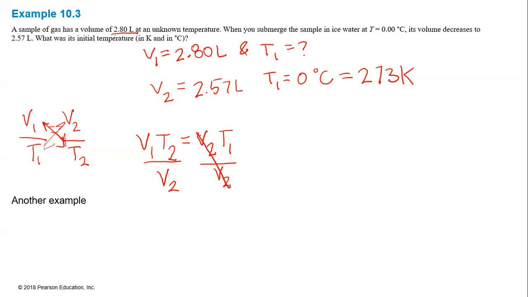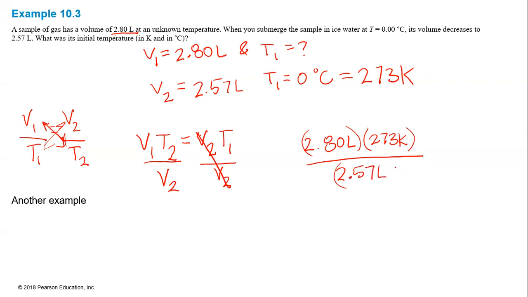So V1, 2.8 liters. T2 is 273 K. V2 is 2.57 liters.